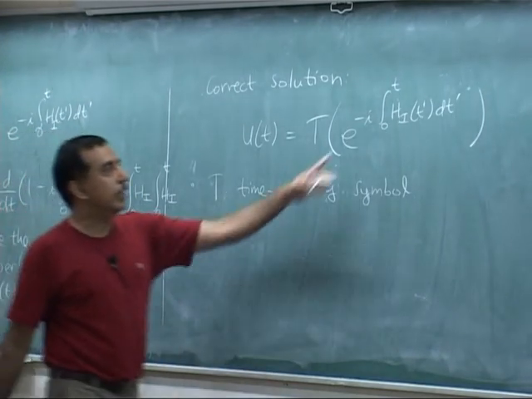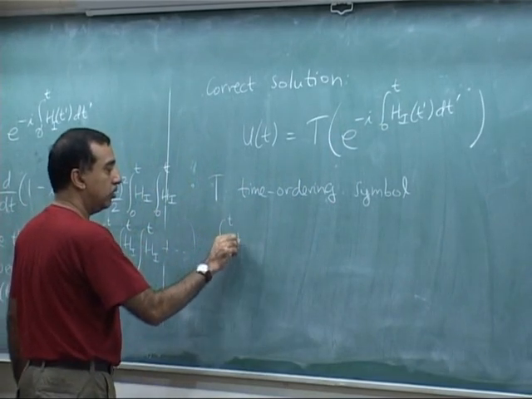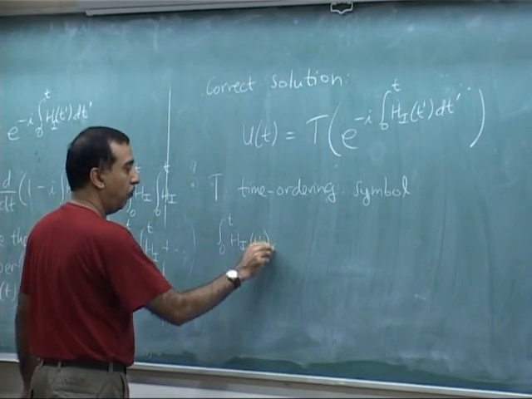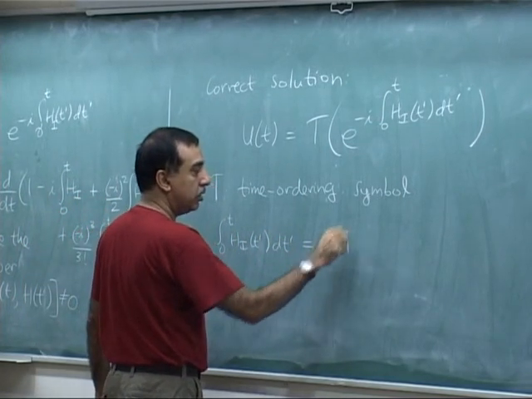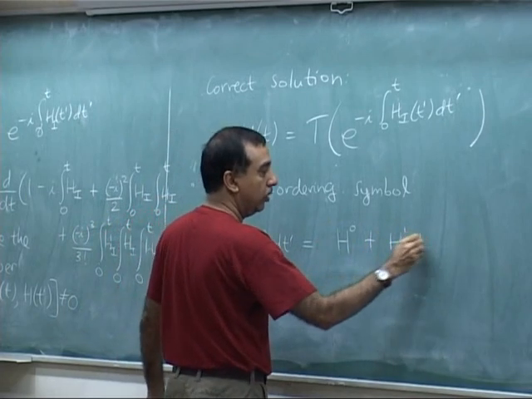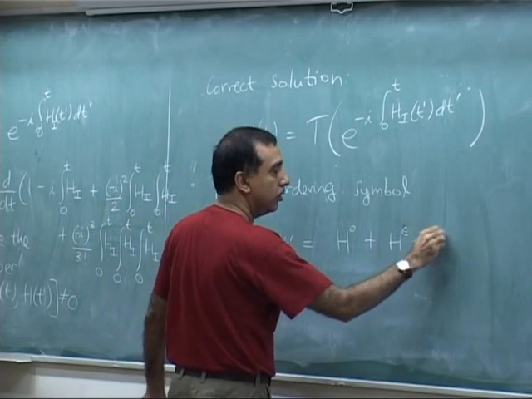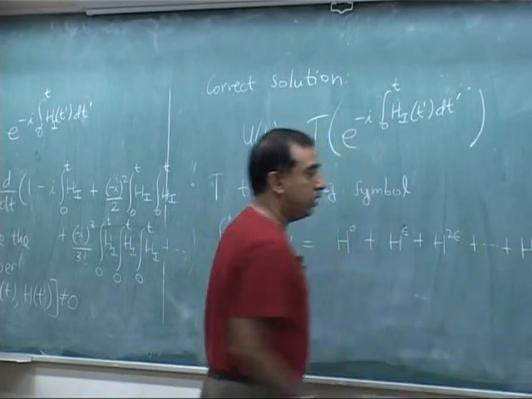Let's give a very concrete illustration by discretizing the time. So let's assume that the integral from 0 to t of h(t') dt' is actually h at 0, I'm putting it as a superscript, plus h at 1 times epsilon, plus and so on. You understand what I've done?